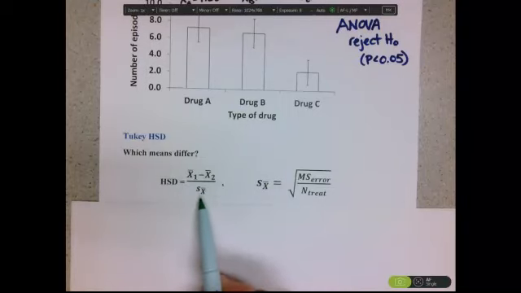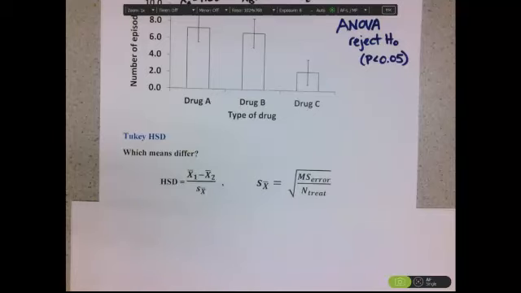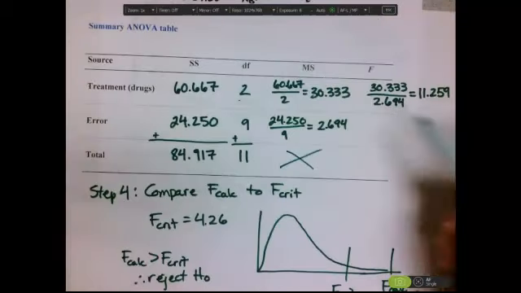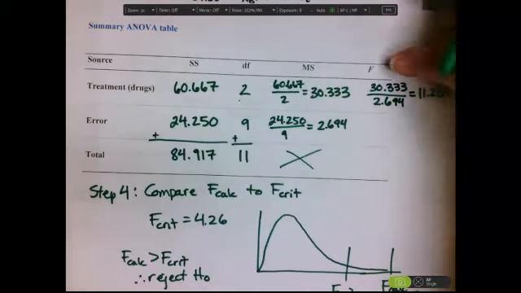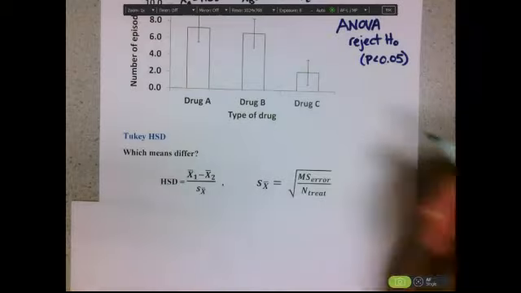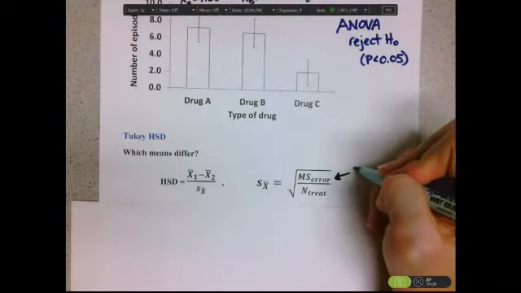And then we have a value for the standard error. This is based on our mean square error, which we have in our table. Our mean square error has a value of 2.694, so we're going to use that in our calculation. The mean square error is the same regardless of which 2 you're comparing.